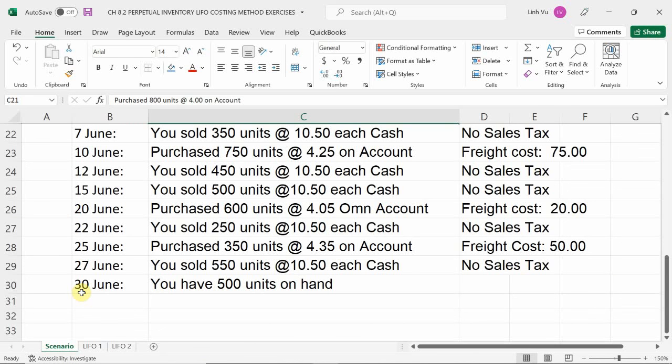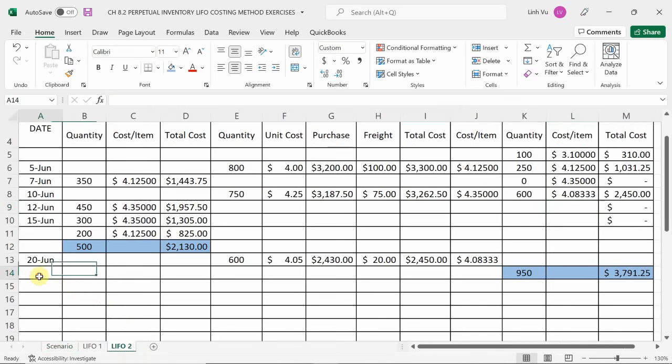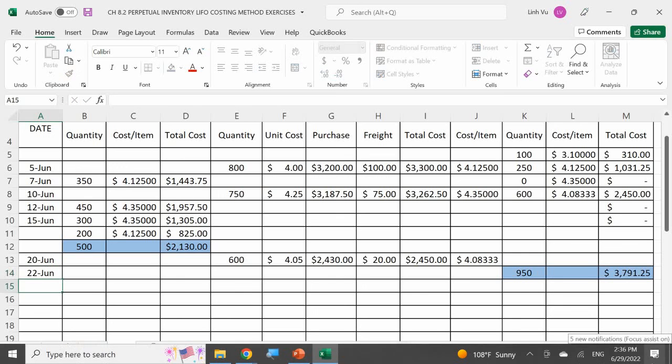So then, June 22nd, I end up selling 250 units. So which batch of inventory am I going to sell out from?